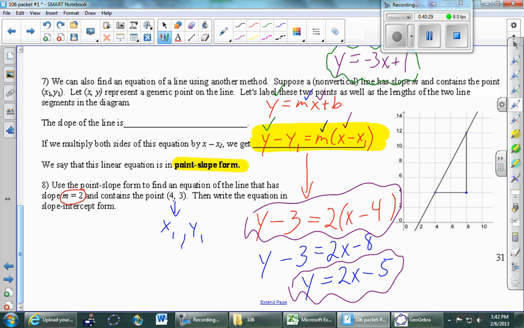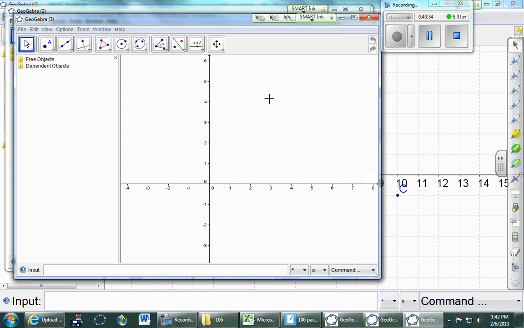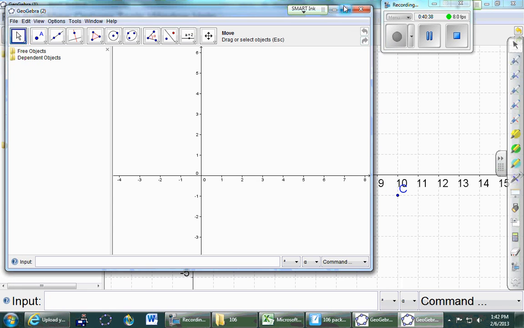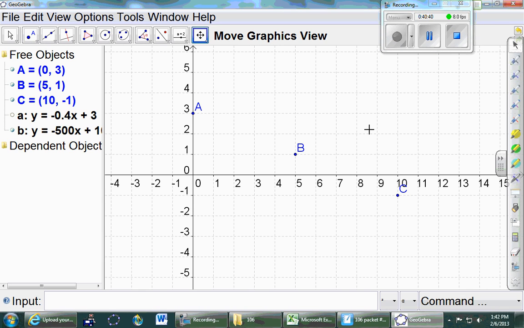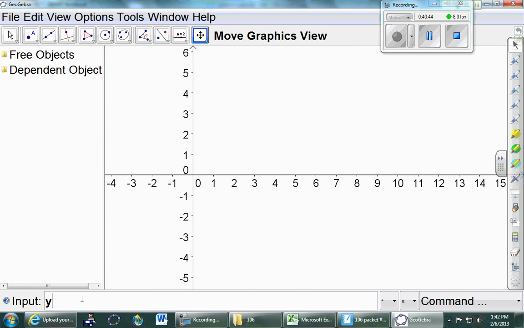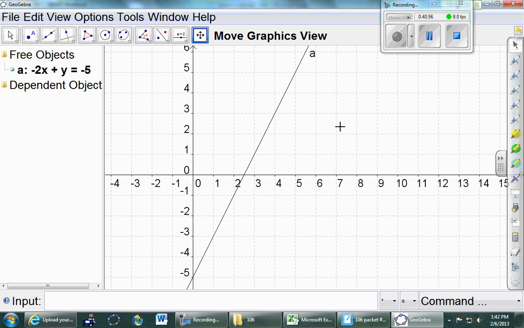And to try to convince you that they represent the same line, we're going back to GeoGebra. So let's get rid of some stuff. Get rid of that too. Okay, the first equation was what? Y minus 3 equals 2 times x minus 4. There. And I'll get the grid up here. All right, so that's the one line.